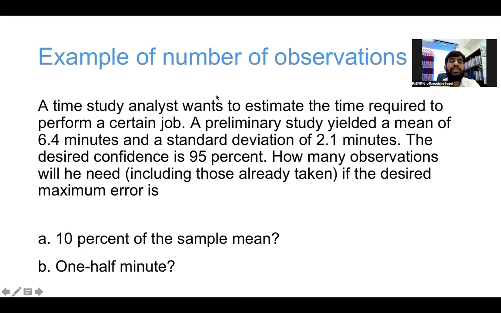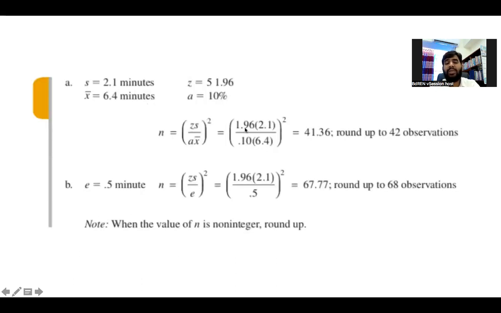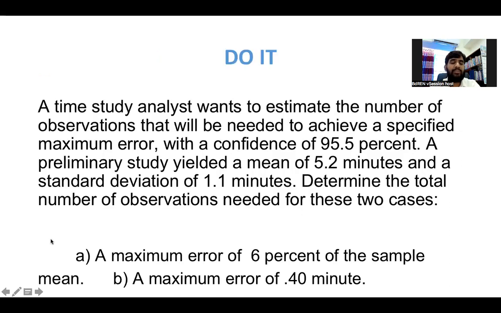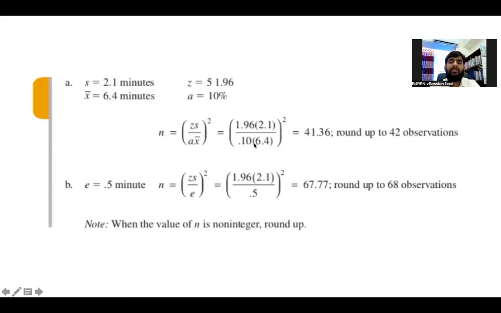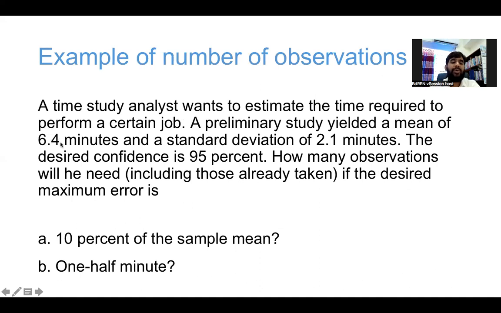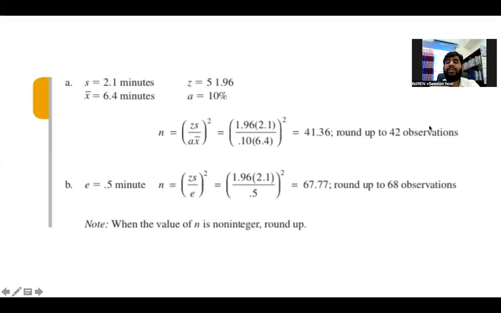This solution is given here. Z is 1.96, S is 2.1, and A is 0.1, the desired error, 10% of the sample mean, multiplied by 6.4, which is the average.